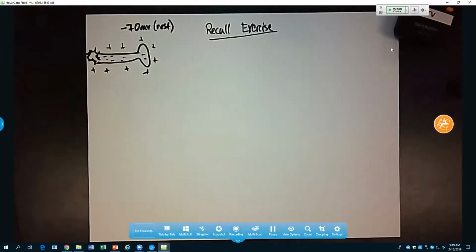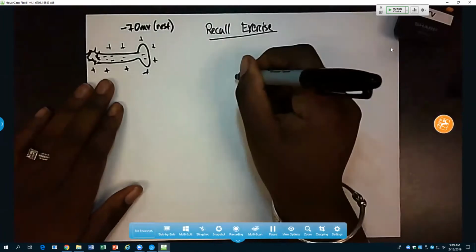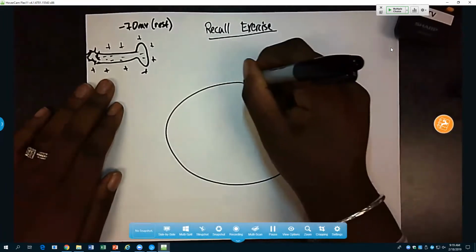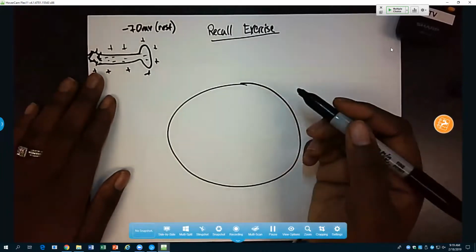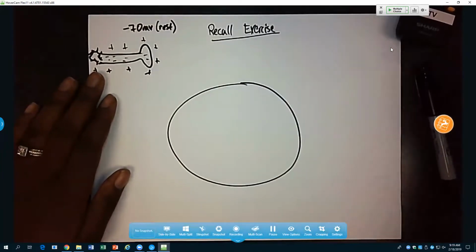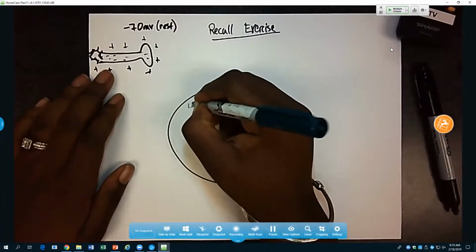Now, what we went on to describe was how this neuron got to that negative 70 millivolts as its resting membrane potential. Okay, so let's draw the inside of this cell. And again, keep in mind that this is a neuron at rest, just chilling out. And we said that there were sodium and potassium across the membrane here. So let's draw us.